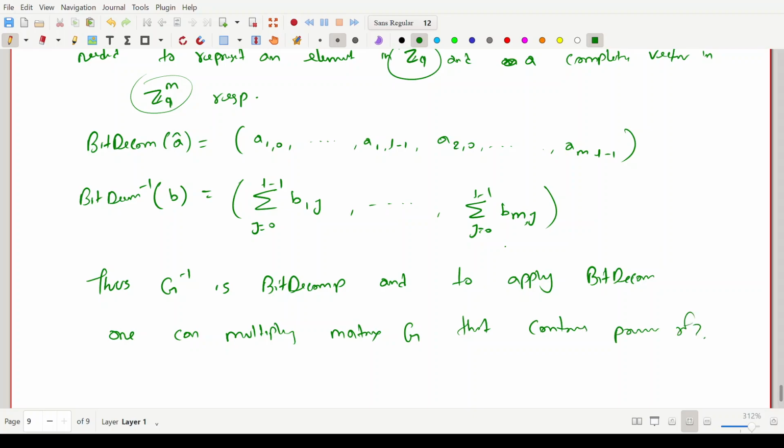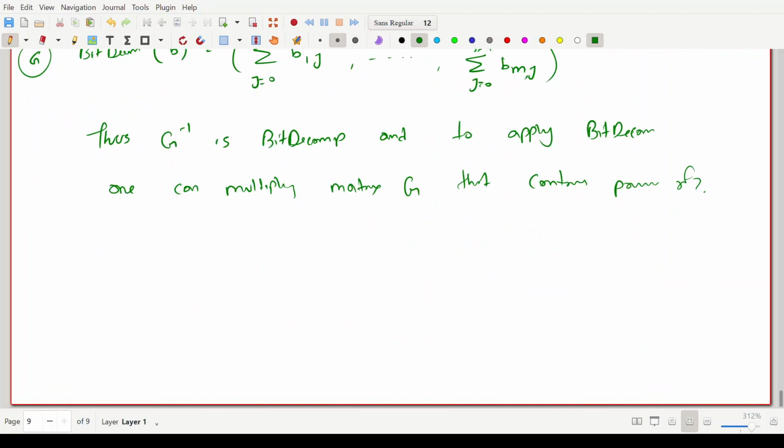That means this bit decomposition of E cap, this is what your G inverse is. As I told you, G inverse decomposes your numbers, and the bit decomposition inverse is the same as your G. So earlier it has a large size, but if you multiply with G, it will come down, correct?